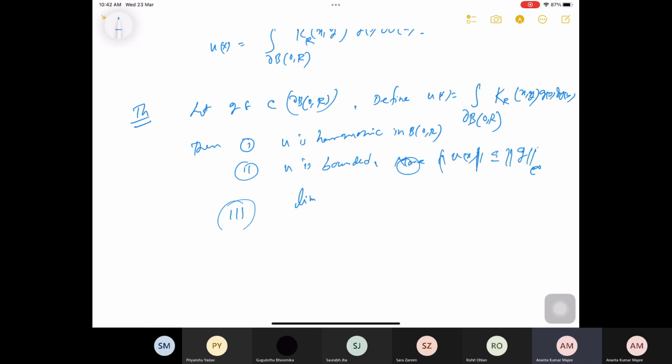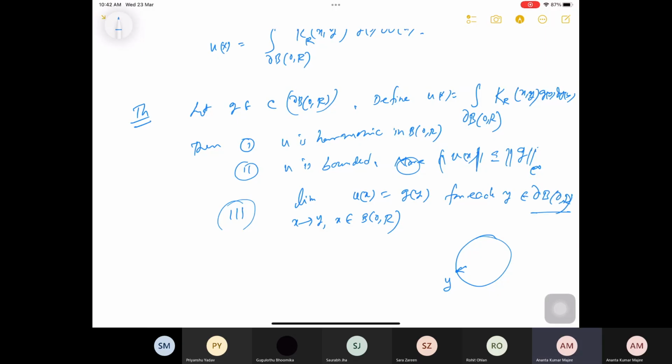So similarly I can think of it in a limit sense: the limit as x goes to y, where x is from the ball of 0, r, approaching any boundary point y, of u of x should be g of y, because u is continuous up to your boundary, and on the boundary it is given as g of y, so it should be g of y for each y belonging to dou B of 0, r.